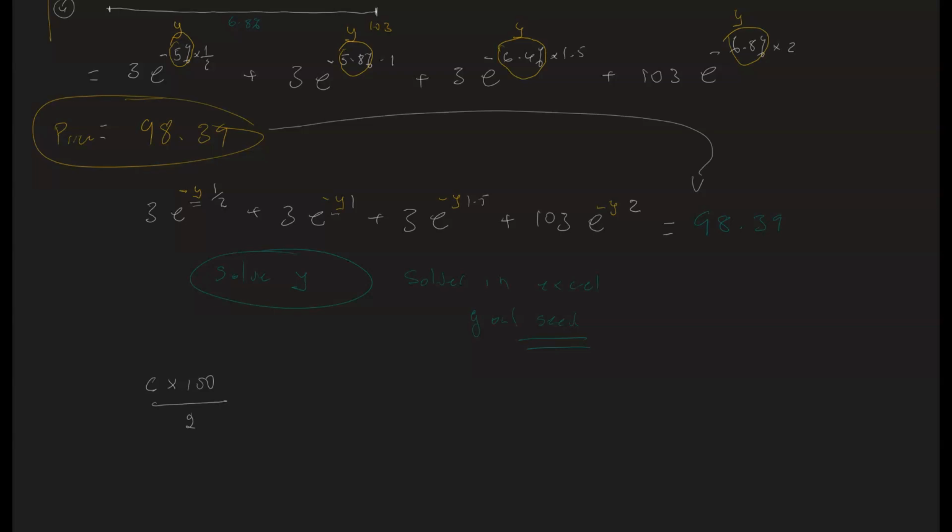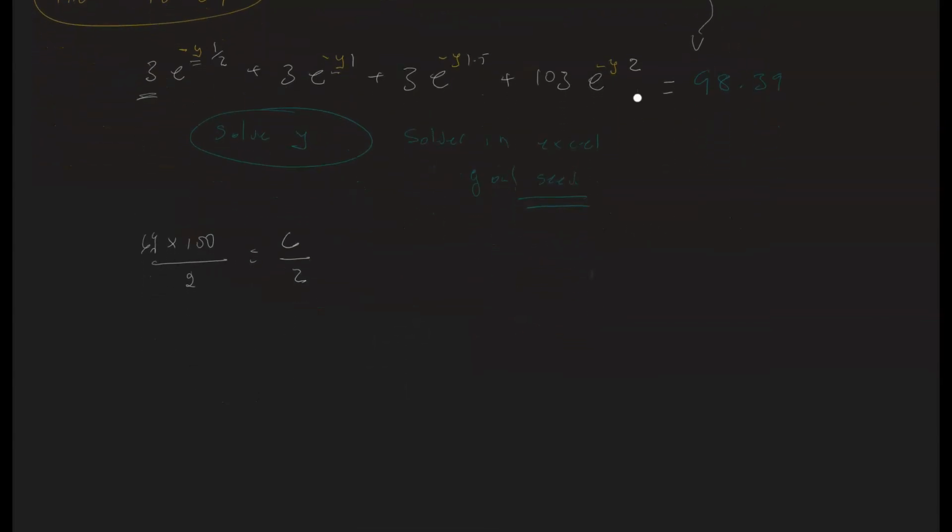So the coupon rate, which was 6%, multiplied by 100 face value, divided by 2. So let's call the coupon payment for the year C, and we're going to divide that by 2. So every time we have 3, we know that that's C divided by 2.